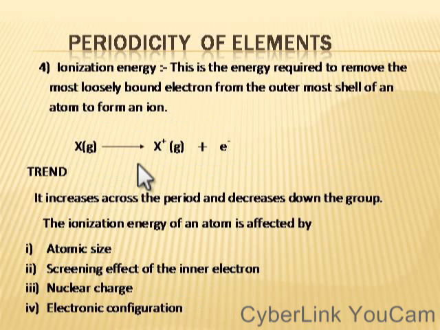The next one that we are going to look at is the ionization energy. Ionization energy is the energy required to remove the most loosely bound electron from the outermost shell of an atom.